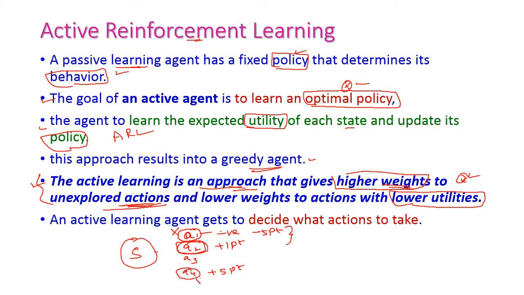So, action 4 is unexplored, hence the point is 5, and lower weight to actions with lower utilities. See, these two will get lower utilities. Now, the active learning agent gets to decide what action to take for the corresponding state or for the current state.